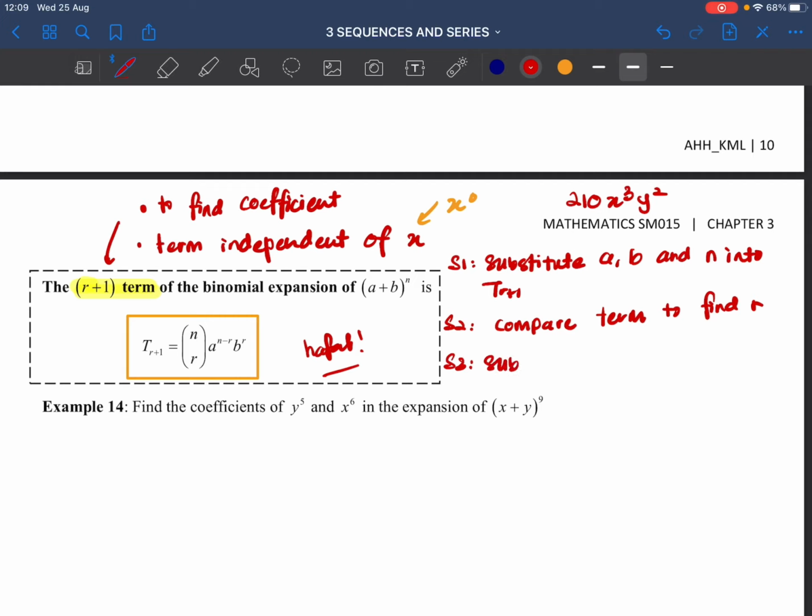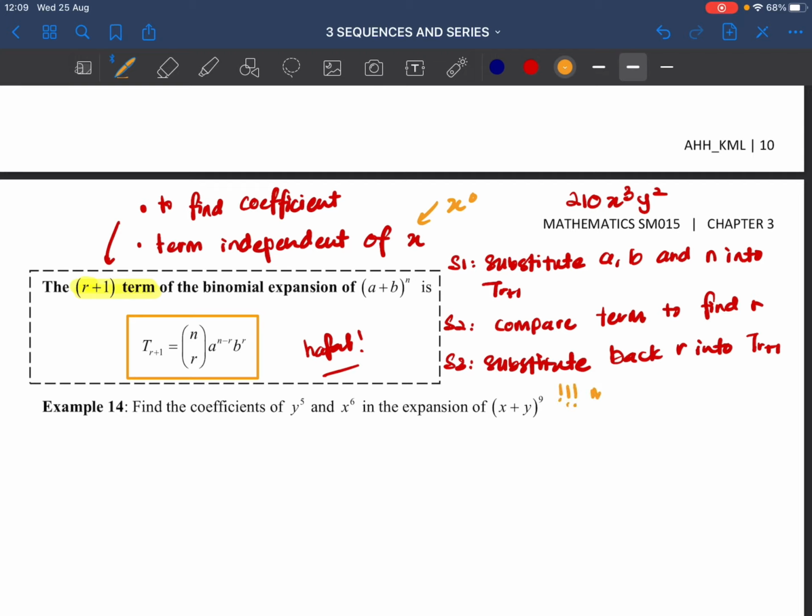So in step 3 you just have to substitute your r back into formula Tr+1. Okay, very easy. First, substitute a, b, n into our Tr+1 formula. We find r and then we substitute back r. Okay.